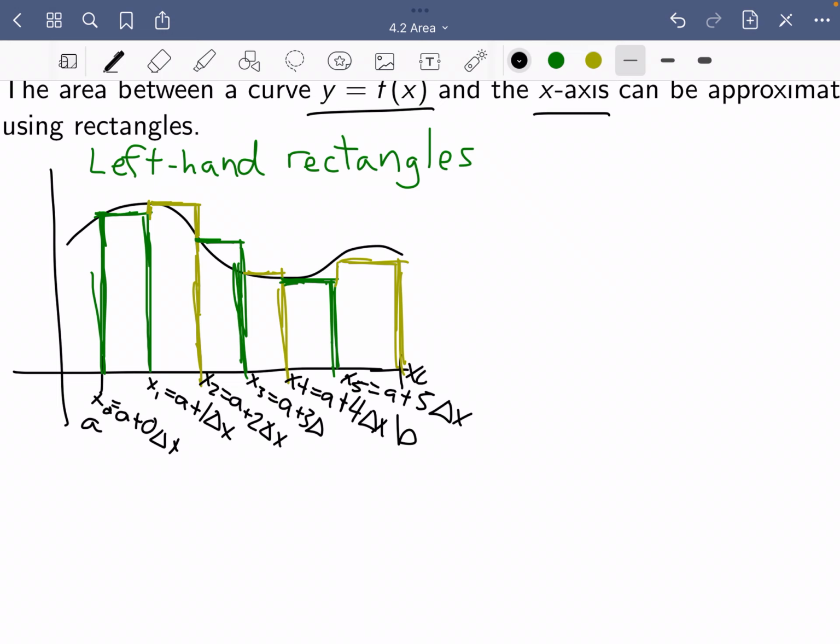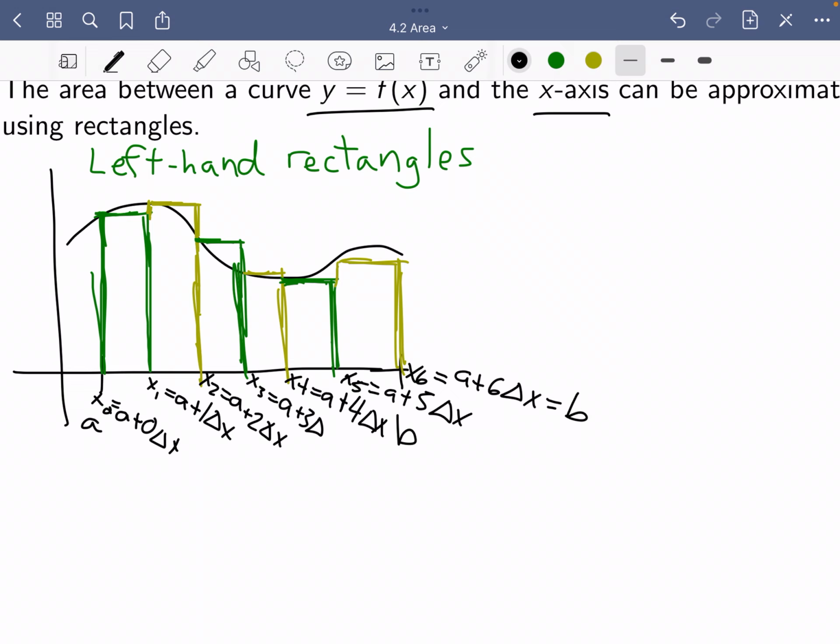And x6 is a plus 6 delta x, which in this case is our right-hand endpoint, b itself. So those are the different values that we have.